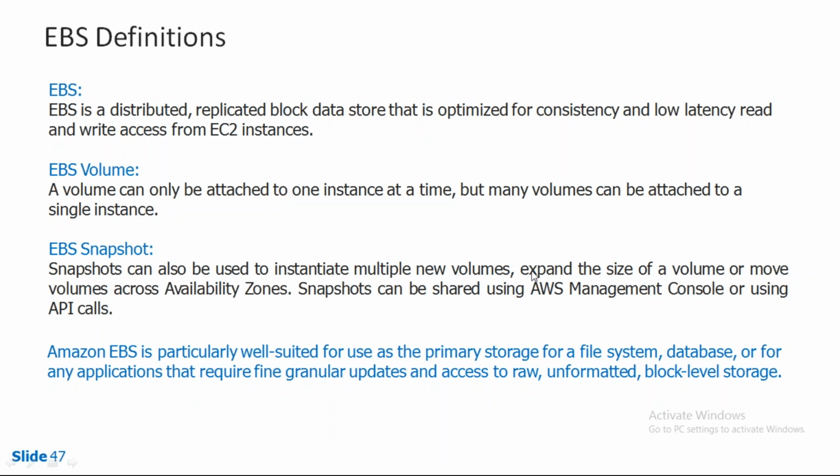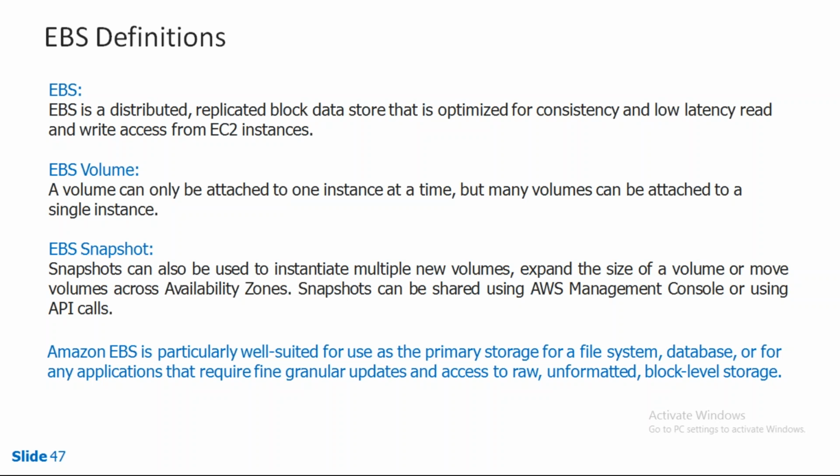So snapshots can also be used to instantiate multiple new volumes, expand the size of a volume, or move volumes across availability zones. This is another use we have. For example, we have created this 10 gigabytes of volume in the 2C availability zone. What if you want to utilize this in another availability zone? That's possible. You can create a volume in another availability zone using this snapshot.